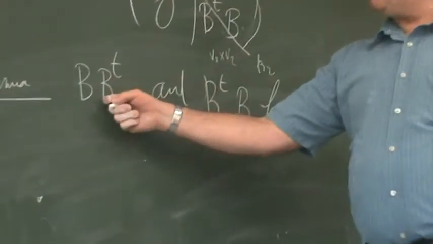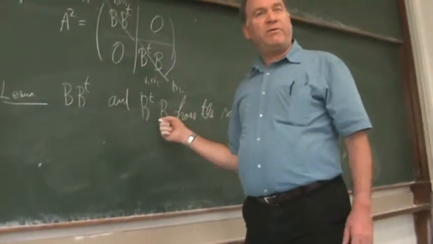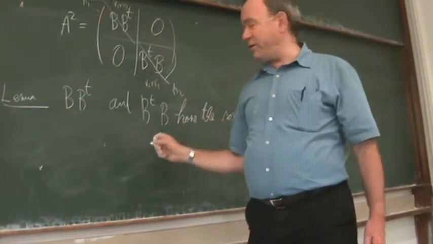Namely, if you have an eigenvalue of this matrix which is not zero, then it is also an eigenvalue of this one, and vice versa.